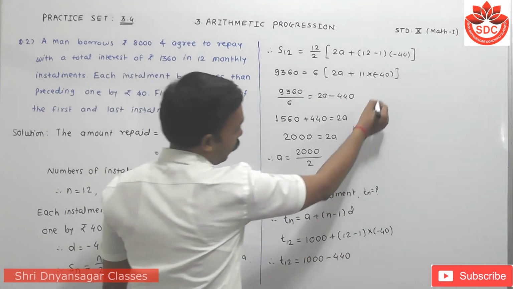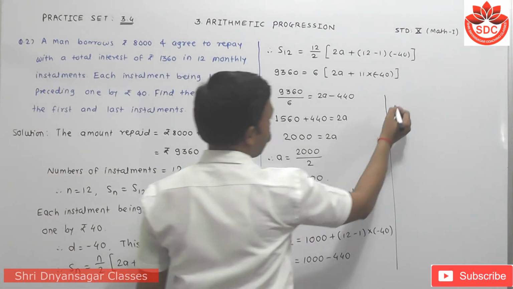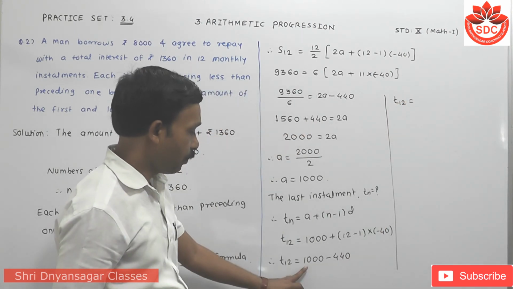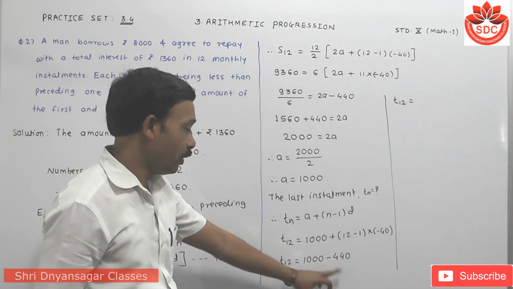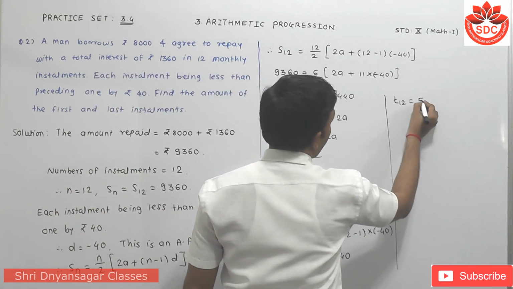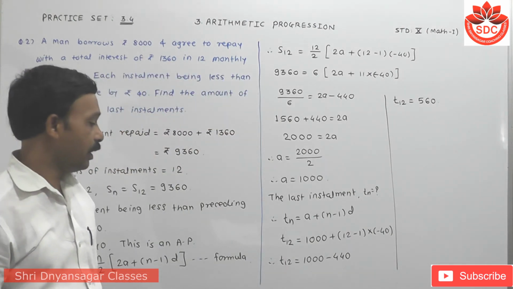Now student, we take the subtraction: from 1000 we have to subtract 440, it becomes 560.